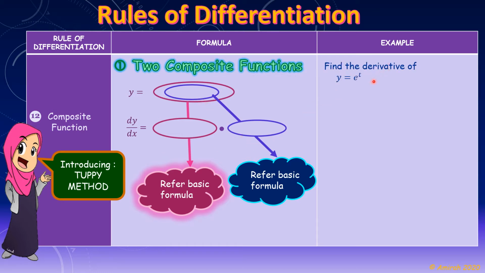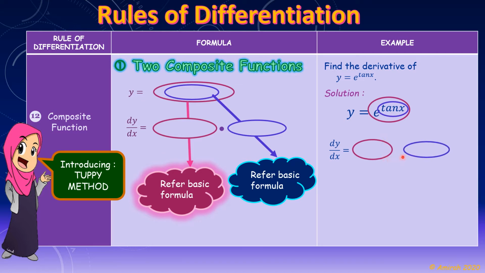Now, let me look at the example. Find the derivative of y equals e to the power of tan x. From the given question, to find the derivative of y, we draw two circles, an outer circle and an inner circle. After that, we pair these two circles with two other circles, and in between there must be a multiplication operation.